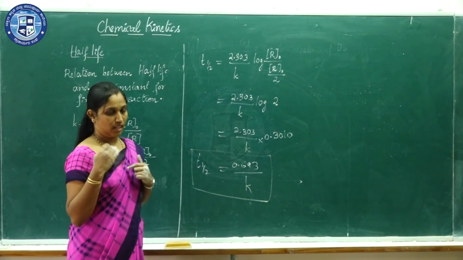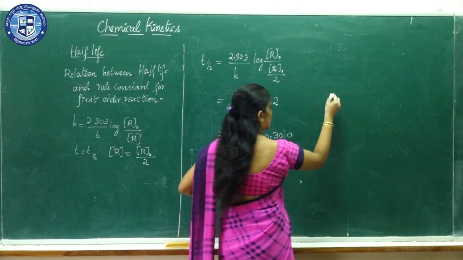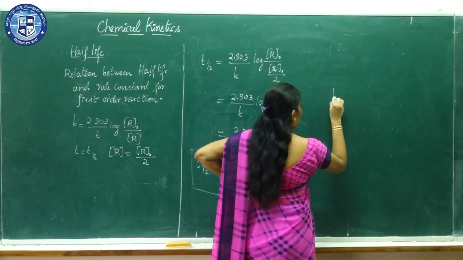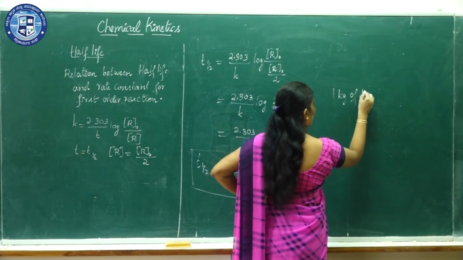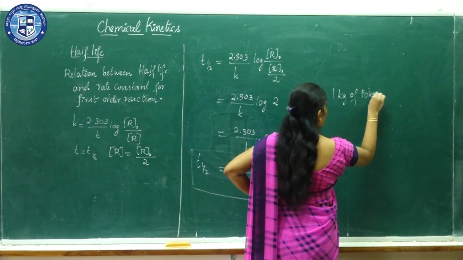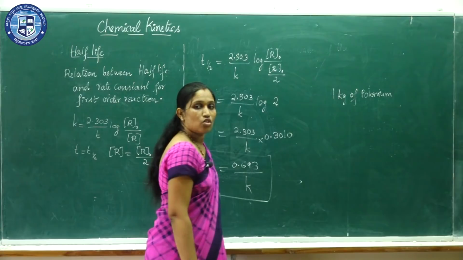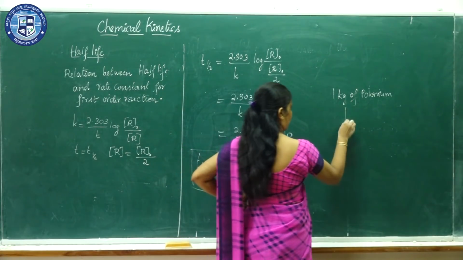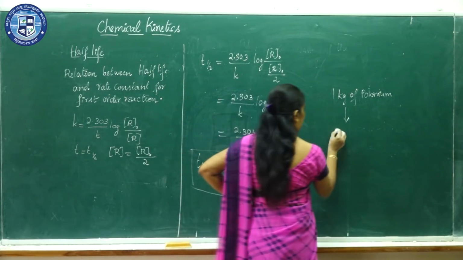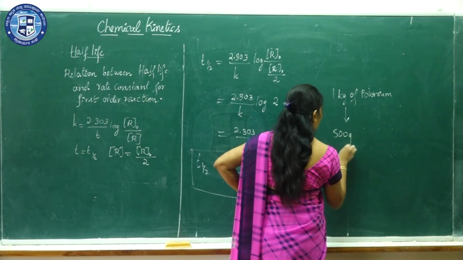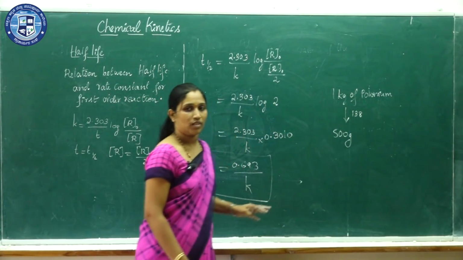That means, I will just give you an example. Say you start with 1 kg of polonium. The half-life, that is the time during which it becomes 500 grams, would be something around 138 days or something like that.